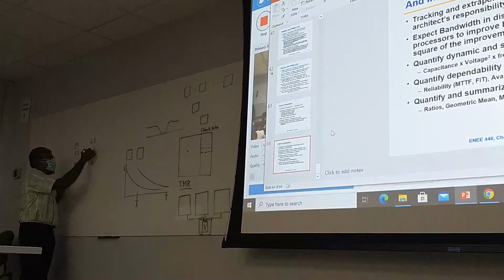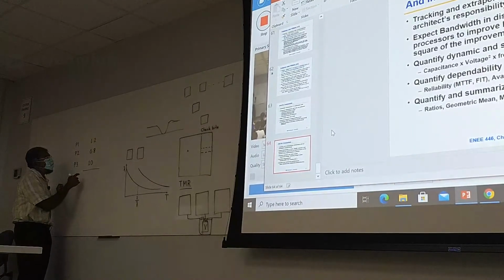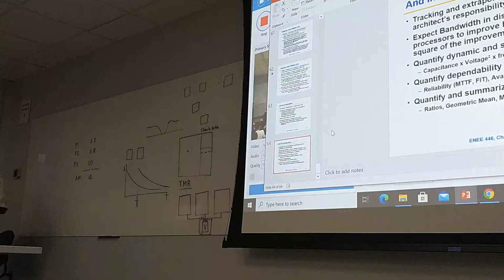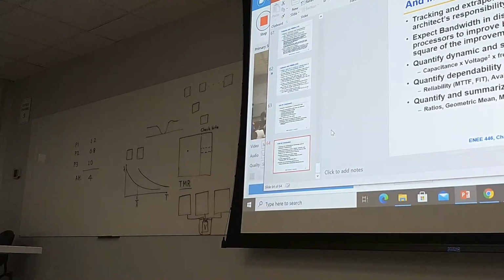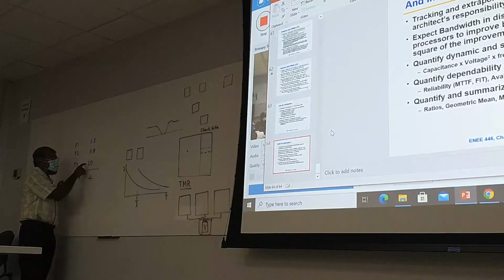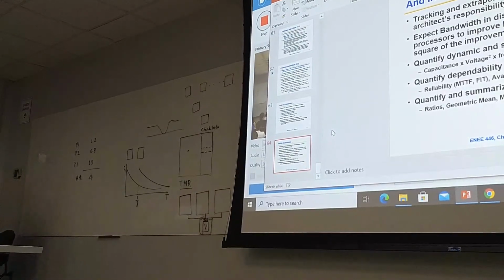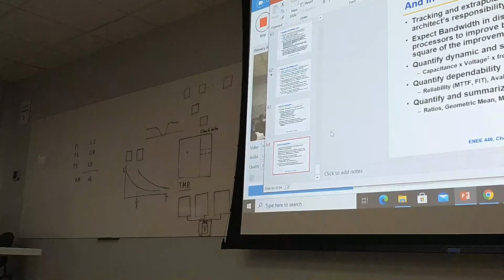Now if you take the arithmetic mean of these 3, that will be 10 plus 2, 12, divided by 3, so you get an arithmetic mean of 4. So it gives an impression that system A will perform 4 times better than B with the arithmetic mean. This one figure ended up skewing it, so it's 4. Now the geometric mean of this, what would it be?